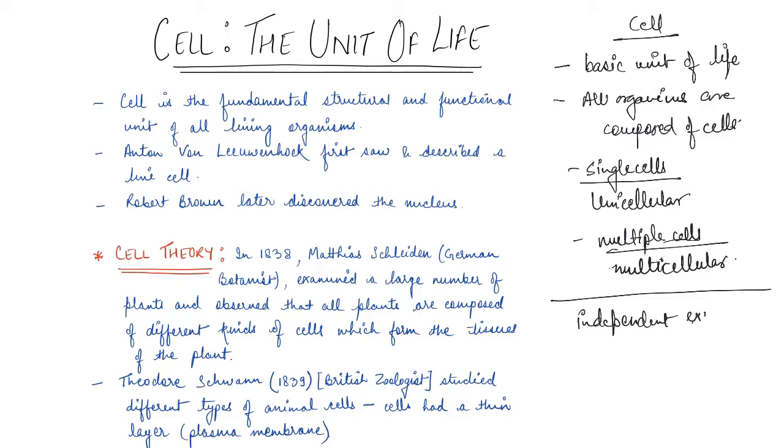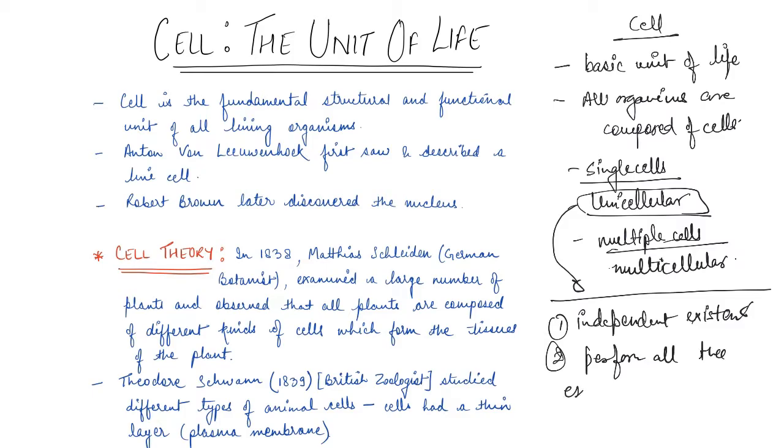So the first thing about unicellular organisms is that they can exist independently. The second thing is that they can perform all the essential functions which are required to live, right?